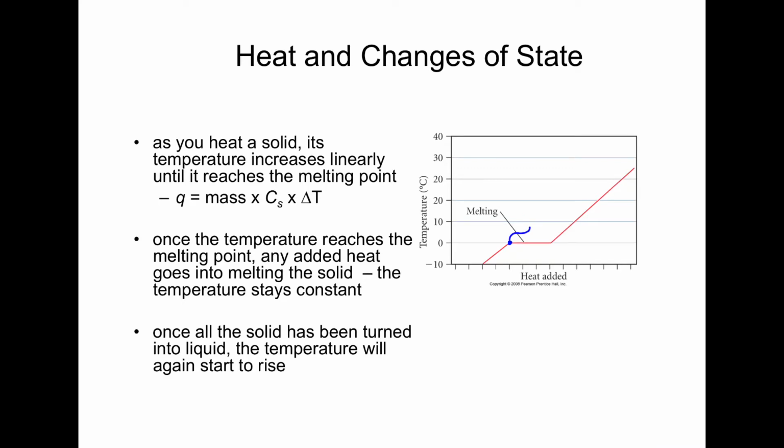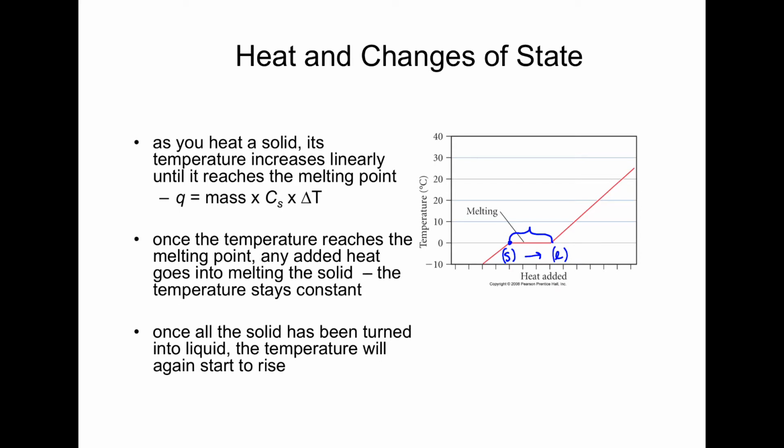During this flat portion, we are taking a solid and making it into a liquid. So we're adding energy to break the intermolecular forces, but all the energy is being used to break the forces and there's no more energy to increase the kinetic energy of the molecule, so the temperature is not increasing.